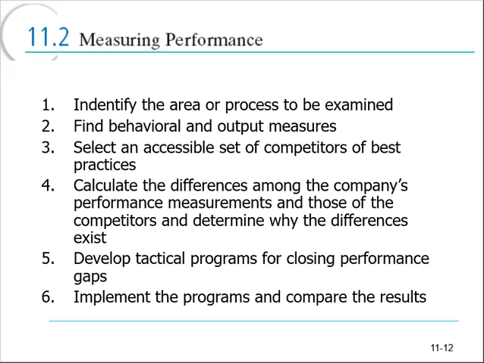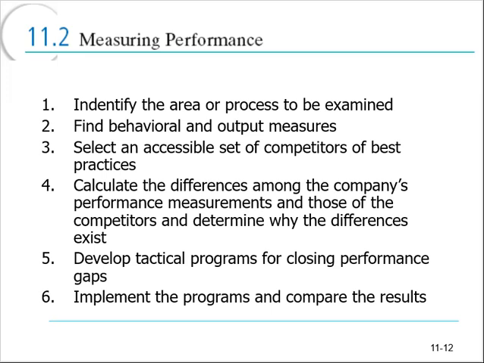So these are six steps that go into the benchmarking process. Identify the area or process that needs to be examined. Find behavioral outputs and measures that you can quantify and measure. Select an accessible set of competitors that are engaging in these same practices. Calculate the differences between your company's performance and those competitors' performance.